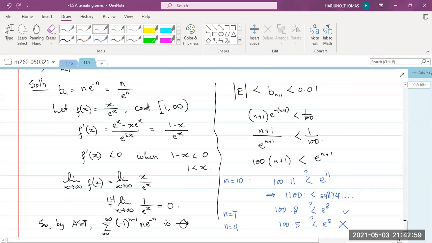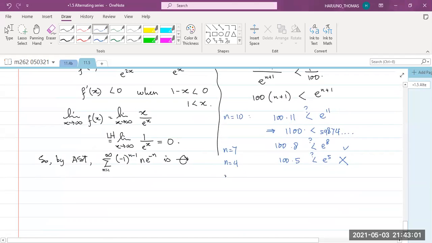Okay, let's try n equals 6. I'm sorry, this is e to the n plus 1, so it should be 7 here. E to the 7 is 1,000 something.